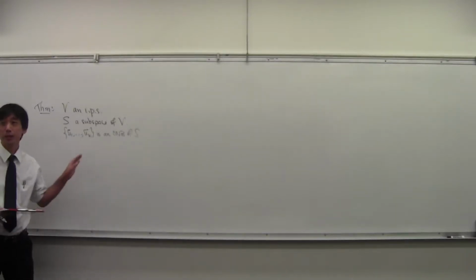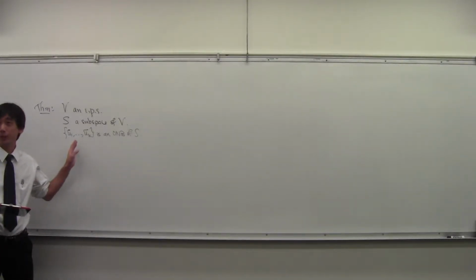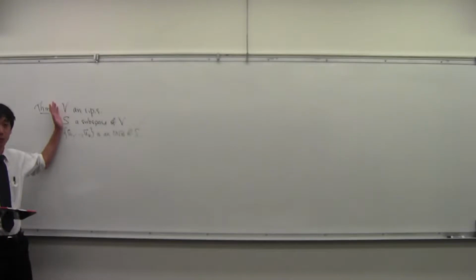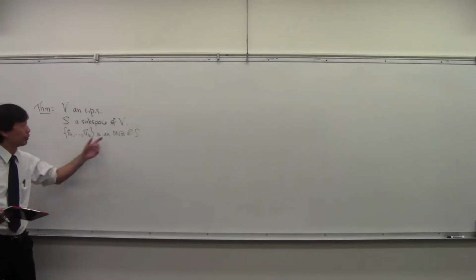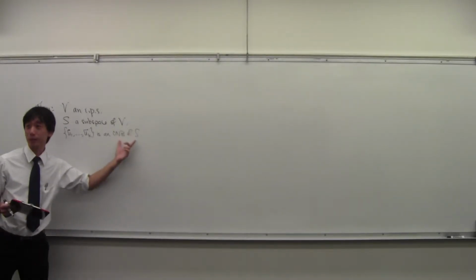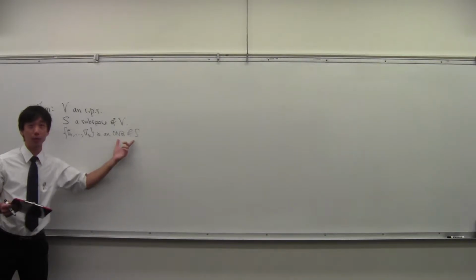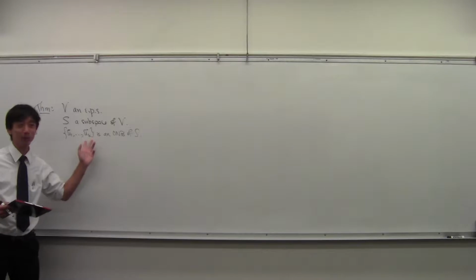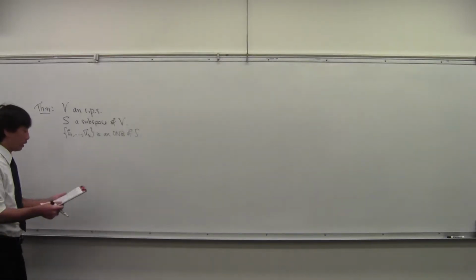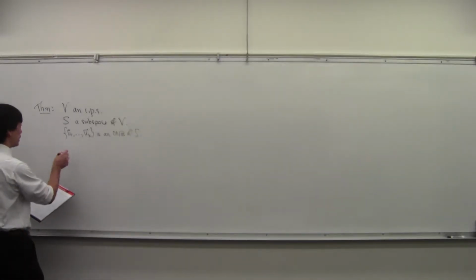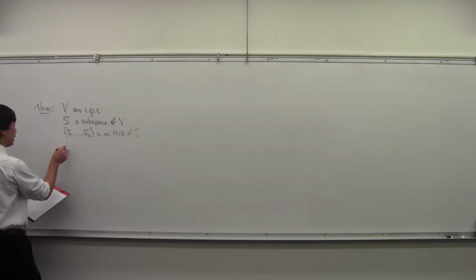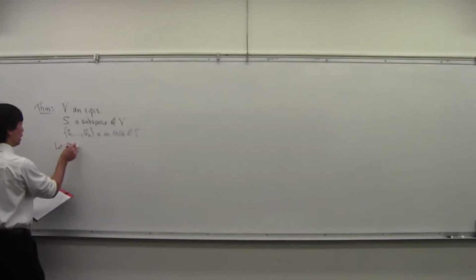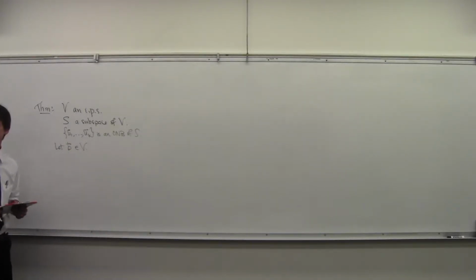So just to review what we did last time, you have an inner product space, you have a subspace, and you have an orthonormal basis of the subspace. You don't have a basis of the whole space, just an orthonormal basis of that subspace. And then you have some b in the space.